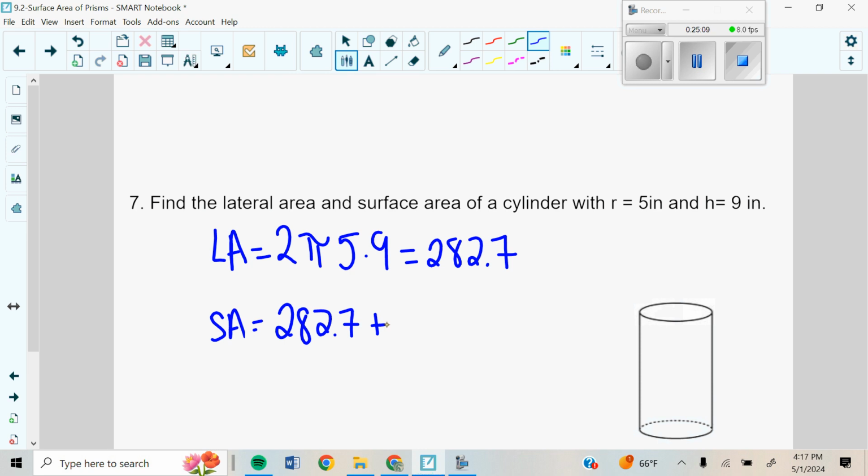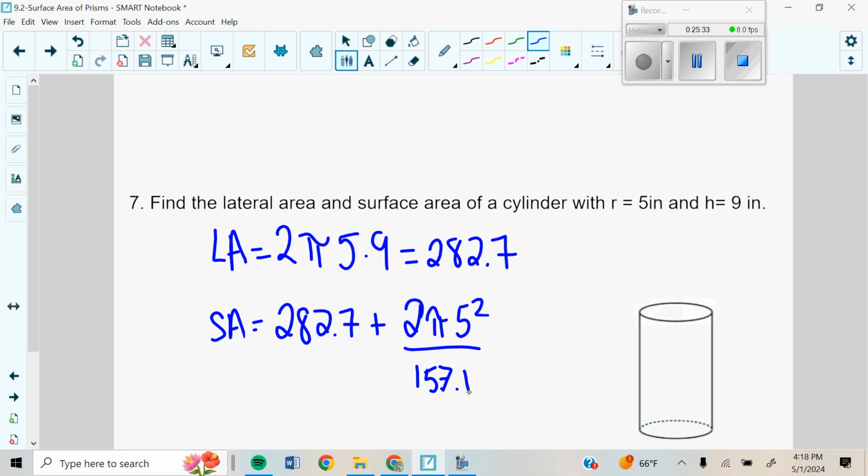Okay, and then we do 2 times pi times radius squared. So 2 times pi times 5 squared. That part gives me 157.1. So 157.1 plus 282.7.